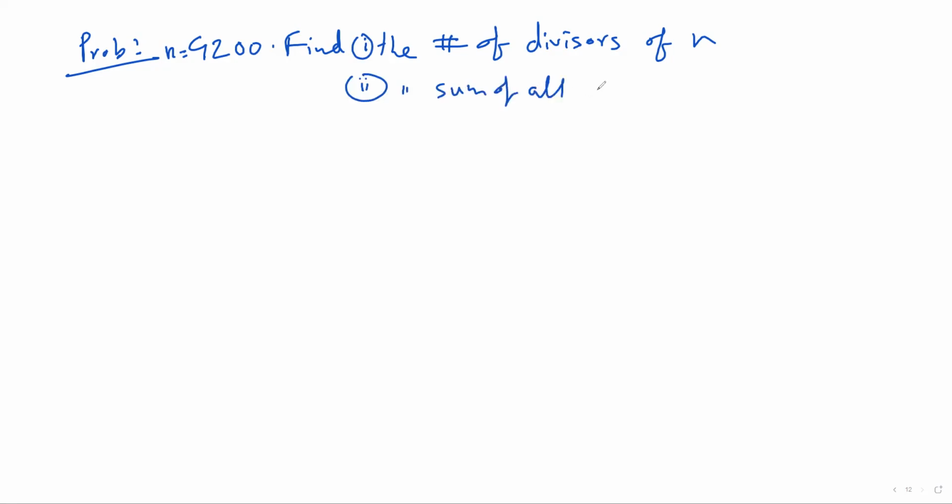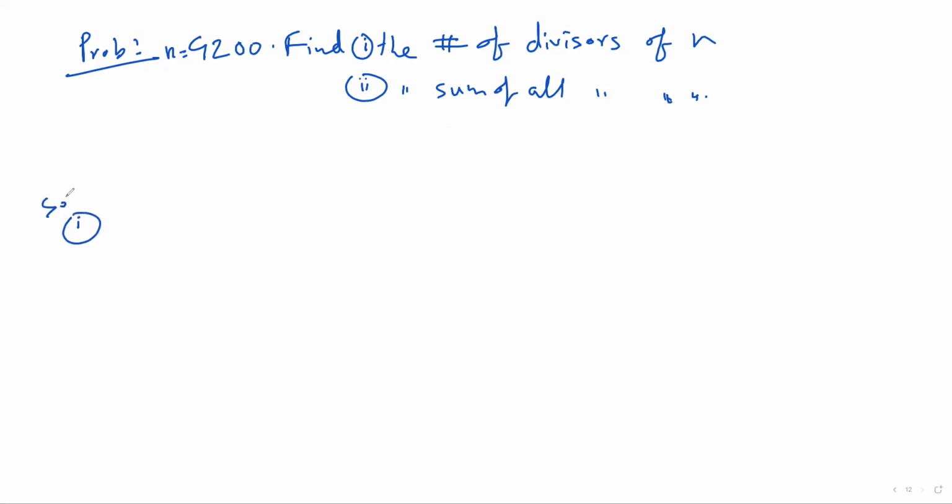My first question is to find the number of divisors of n. I have some other questions also. The second is to find the sum of all divisors of n. I may add some other questions as well. For now, let's solve these two.